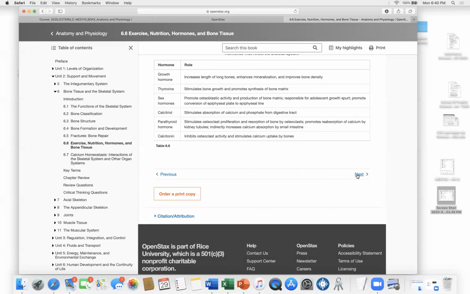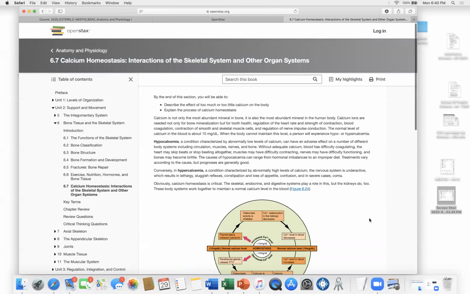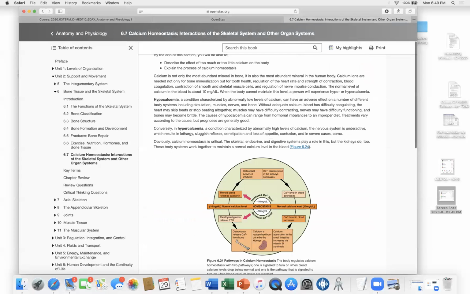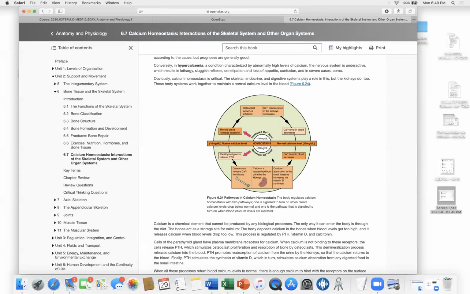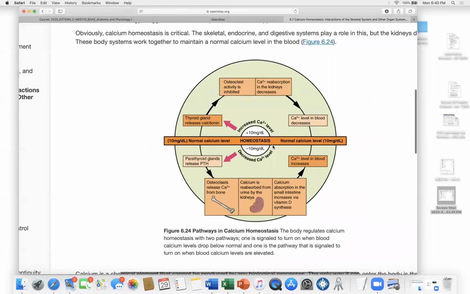Calcium homeostasis. Let's talk about calcium homeostasis, because even though it wasn't part of the things to do for our task, I like adding this because you can now see how the other systems are involved.